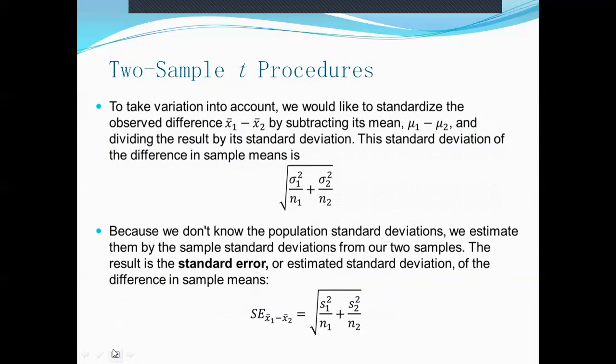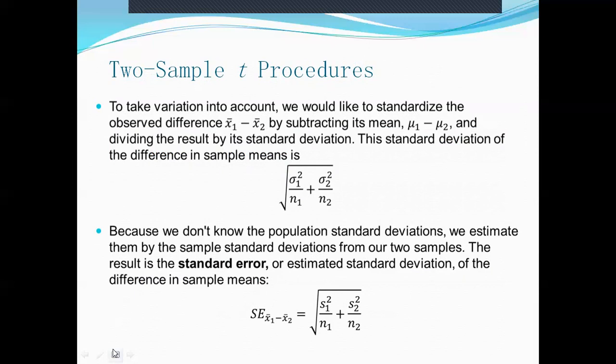This standard deviation of the difference in sample means is the quantity sigma 1 squared divided by n1 plus sigma 2 squared divided by n2, all square rooted. Because we do not know the population standard deviations, we estimate them by sample standard deviations from our two samples.